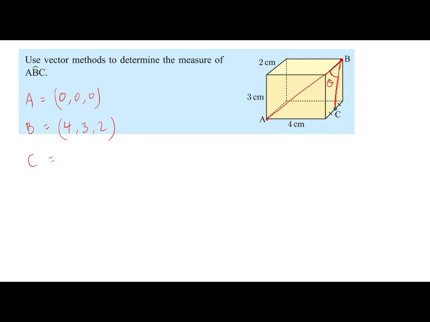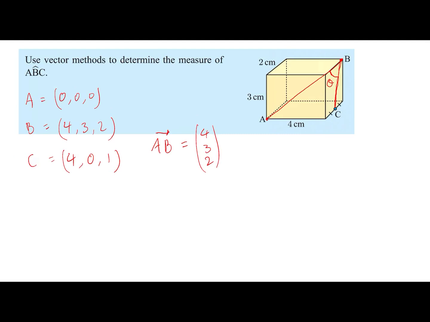And what else do we know? We know that C is 4 along, 0 up or down, and 1 back. So we're able to find these points, which means that the vector AB is equal to 4, 3, 2.